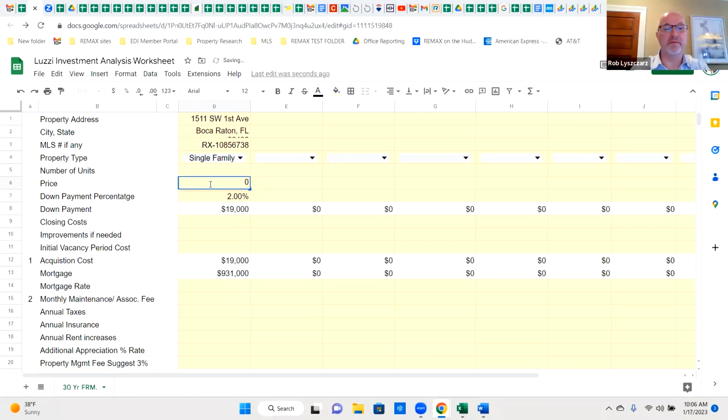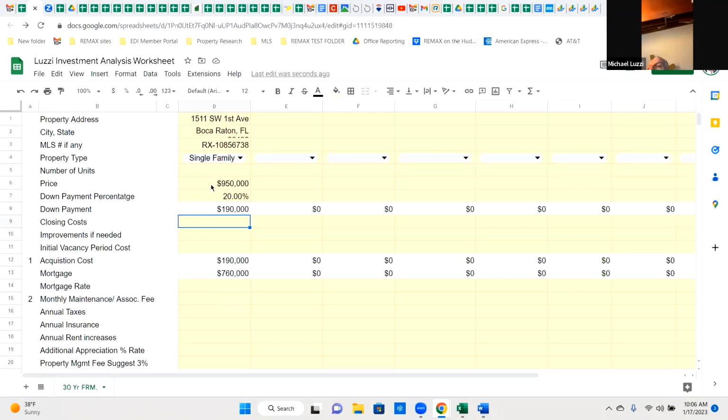Let's say somebody bought it with 20% down. $190,000 down. What would closing costs be on something like that, Mike? I would think closing costs would be, oh man. For the seller, you mean? Or for the buyer? You're looking at it from a buyer's perspective.